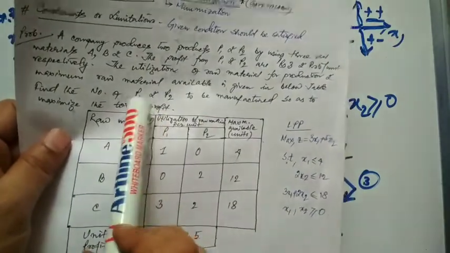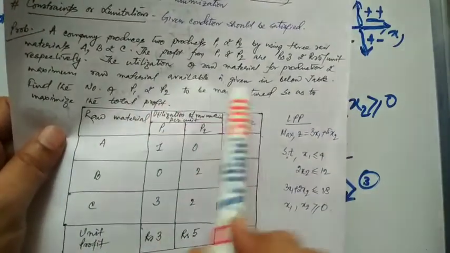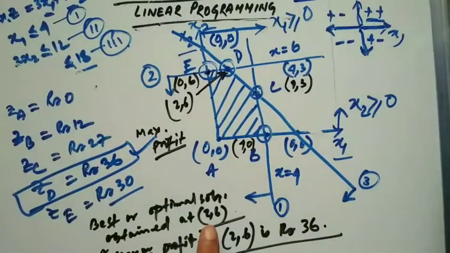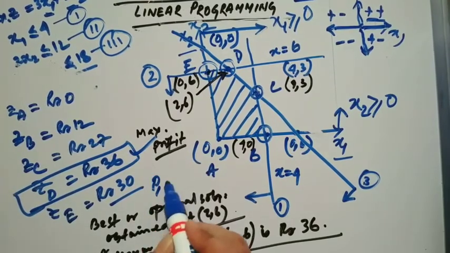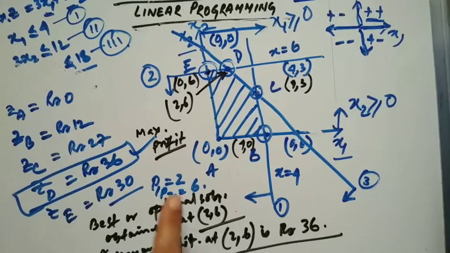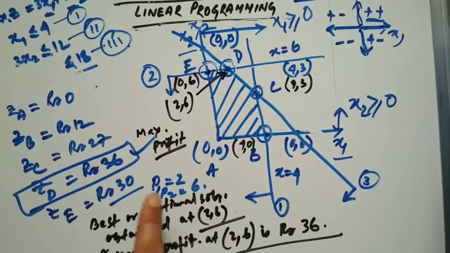These values 2 and 6 mean P1 should be manufactured 2 units and P2 should be manufactured 6 units. So at these 2 and 6 we will have the maximum profit of rupees 36 for this problem.